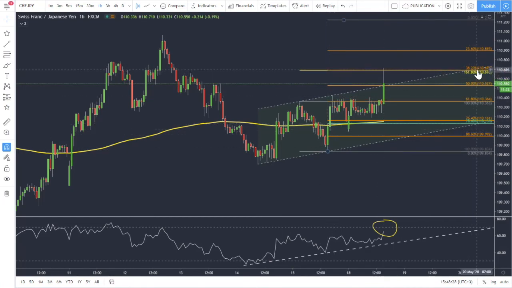Both of these levels are located at 110.70. And don't forget that previously this level was also confirmed by the two 76.4 Fibs, the downtrend trend line, and the exponential moving average. This makes it a very, very strong supply zone for the Swiss franc Japanese yen, and we might see the downtrend continuation from this point onwards.